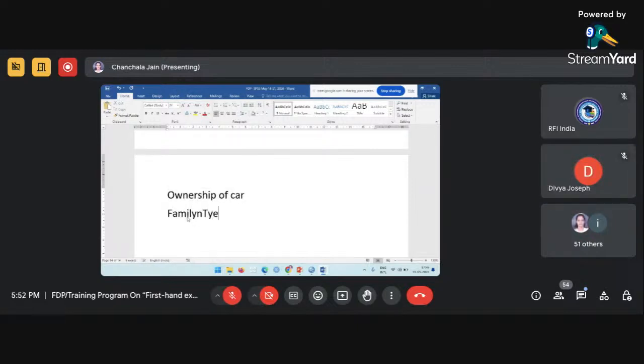I think you have correctly observed that the two variables in the hypothesis are ownership of car and family type.